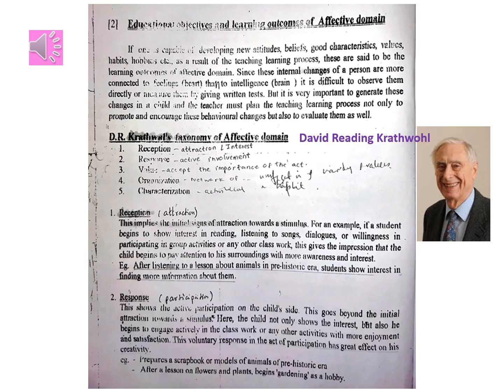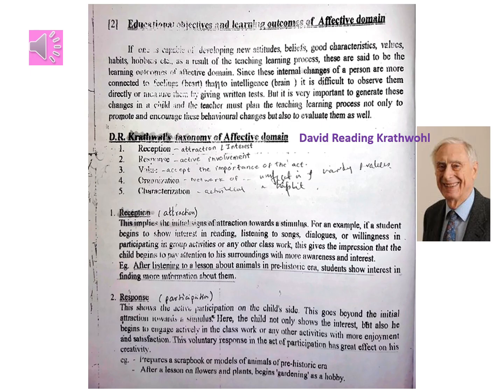Right, we'll go to this one. D.R. Krathwohl's taxonomy of the affective domain. Give me another name for taxonomy. Classification. Right? Krathwohl's taxonomy of the affective domain.